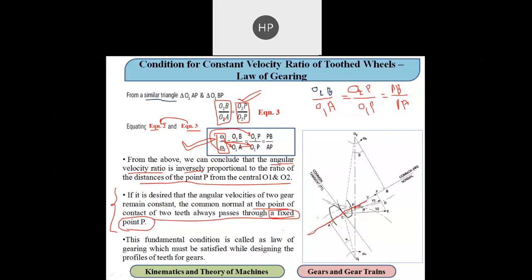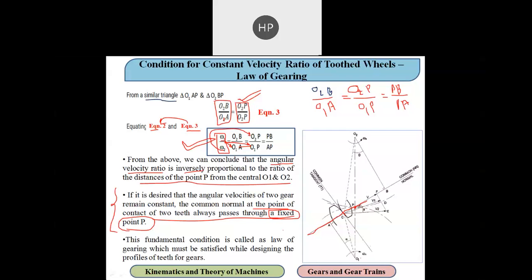Okay, so why do we require this? Because we want omega 1 divided by omega 2, the velocity ratio, to remain constant. Then throughout the motion gear 1 and gear 2 will remain in contact, otherwise there will be some non-contact portion or zone. So to avoid that, we must have omega 1 and omega 2 constant. Now if you see, the distances O1P and O2P are constant, and that's why the values of omega 1 and omega 2 will be constant.